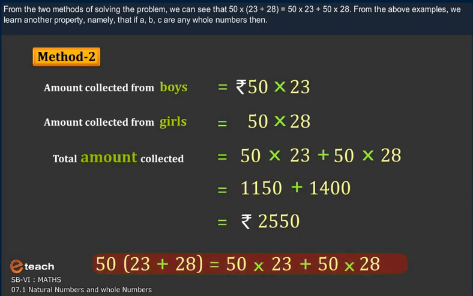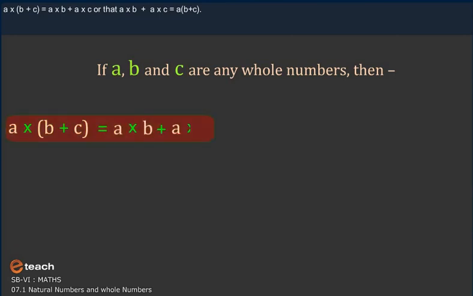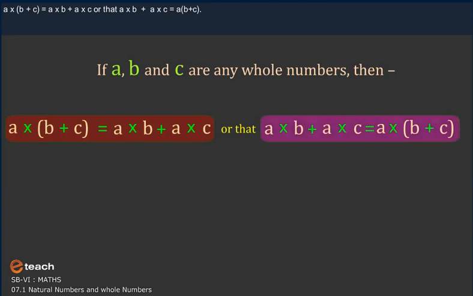From the above examples, we learn another property, namely that if A, B and C are any whole numbers, then A into (B plus C) is equal to A into B plus A into C, or that A into B plus A into C is equal to A into (B plus C).